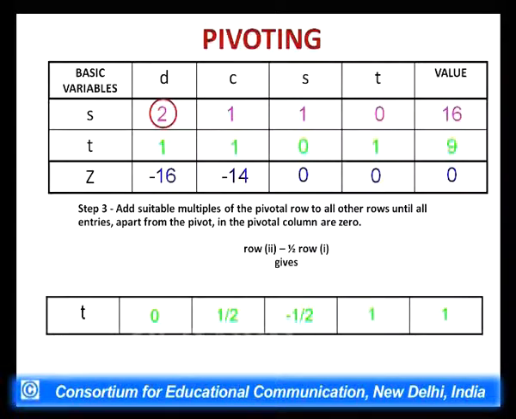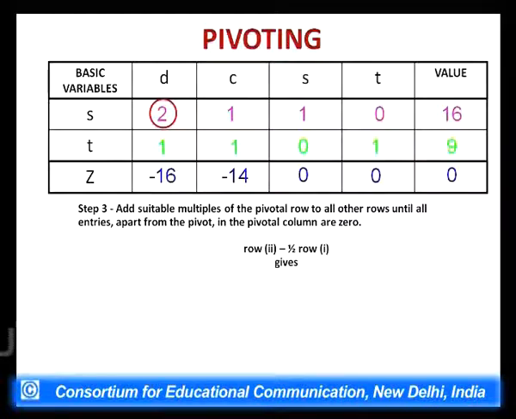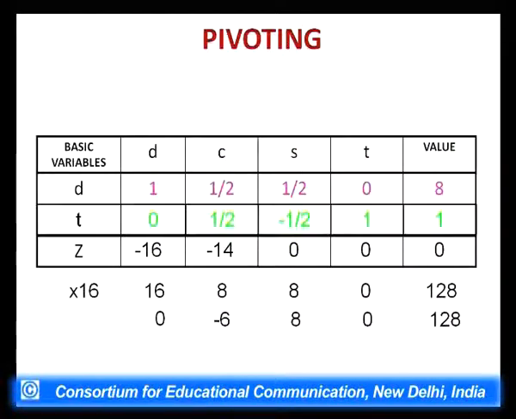This is how the second row has been put, and now the third row also. We'll see how it is done. The second row has been replaced and the 0 has been put.